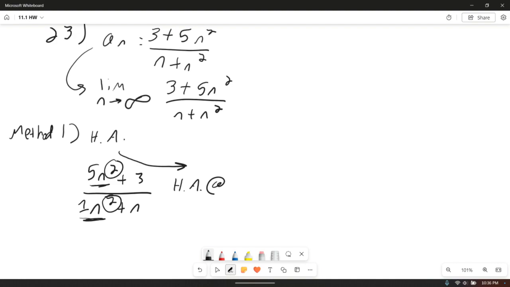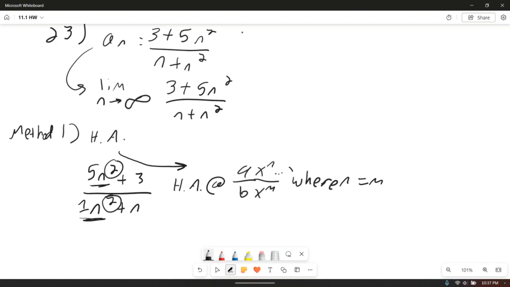a over b, where a and b are the leading coefficients of x to the n over x to the m, where n equals m.